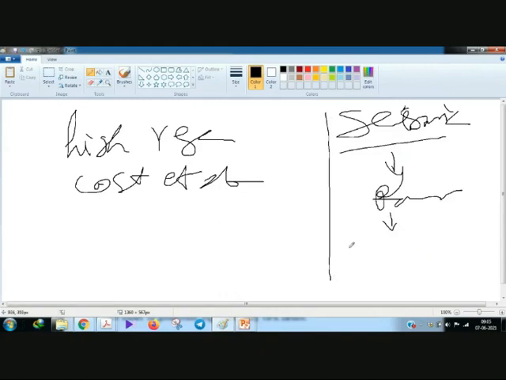Generally, companies use this reflection seismic technology, and there they generally use dynamite or other seismic sources. That is costly enough. Dynamite is not much costlier, but the permission to get the dynamite or to blast it is costlier. If you are damaging some land, you have to fill it up.